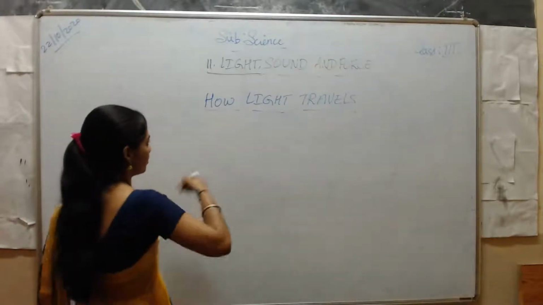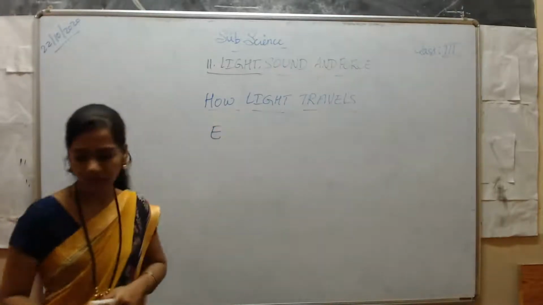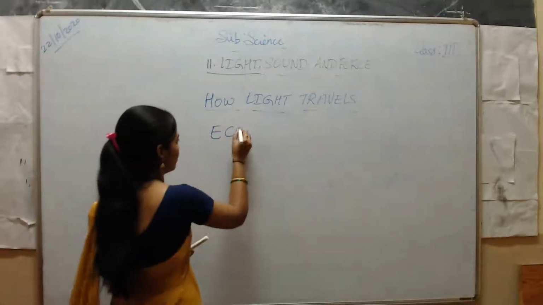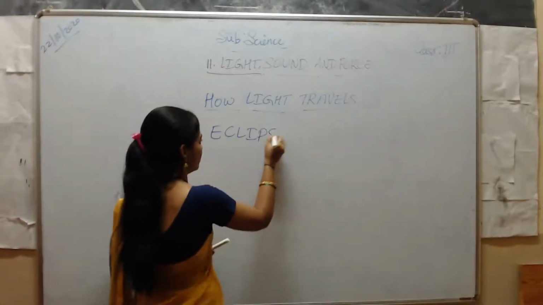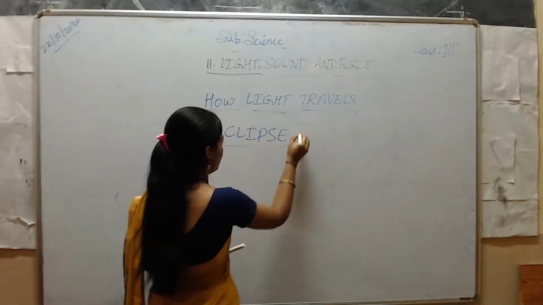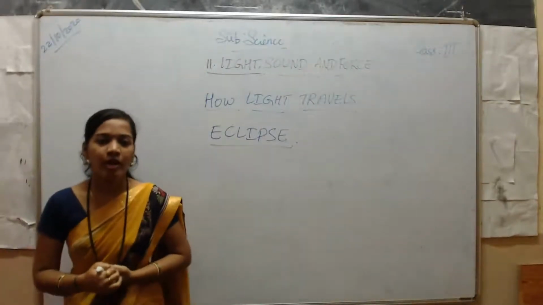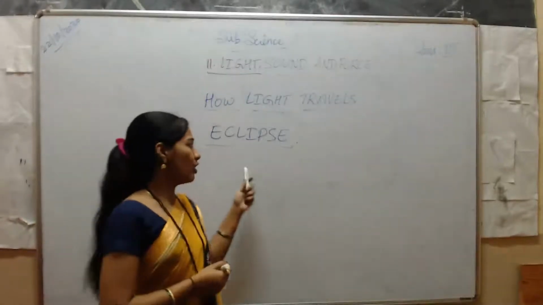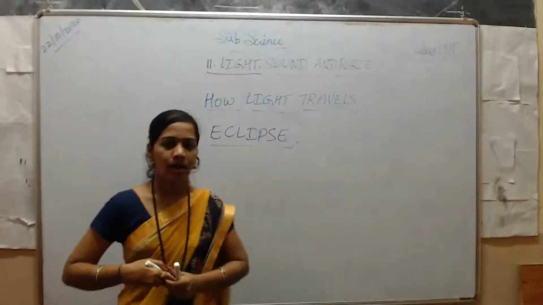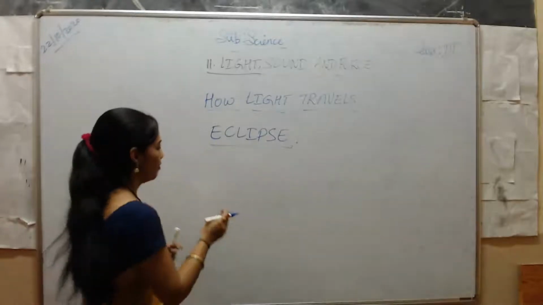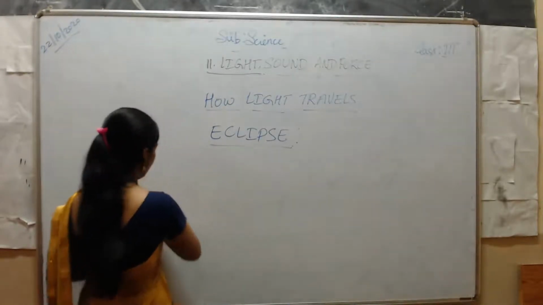Now next it is given eclipse. Before going to explain about eclipse, we have the sun in our solar system.